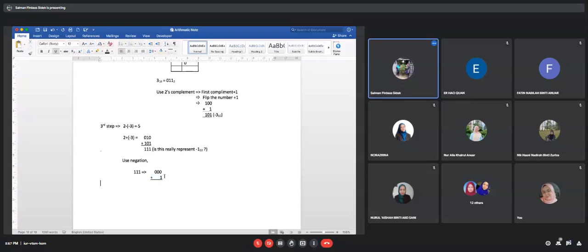Okay, we get 0, 0, 1. So what is 0, 0, 1 in decimal? Positive 1. So what does it mean?